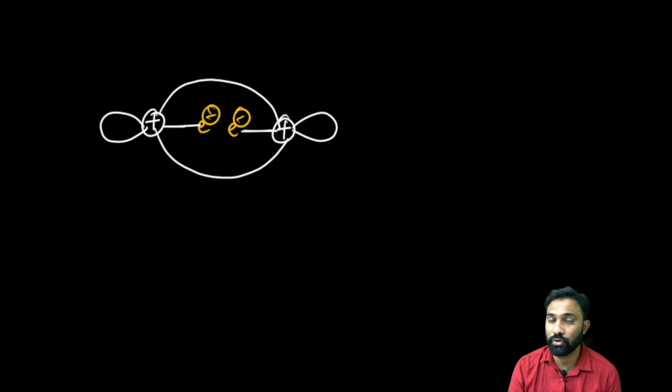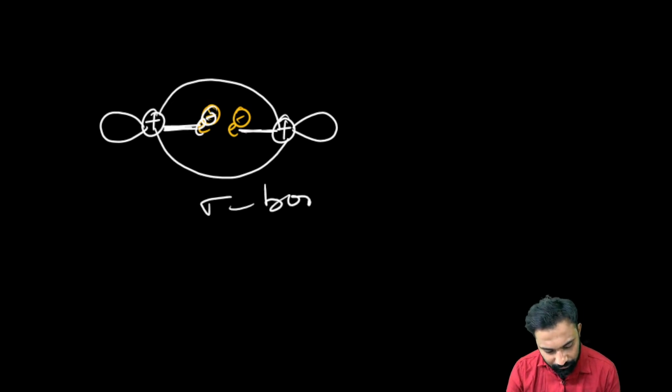Don't create such confusion, because this is a 3D diagram that we can't show in 2D. I was explaining just to make you understand. This electron is nearer to the nucleus and has strong attraction. This is a sigma bond.